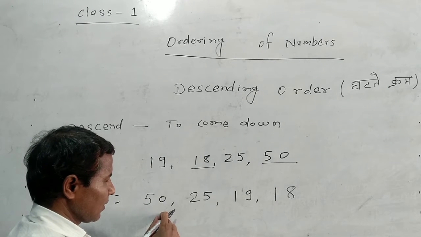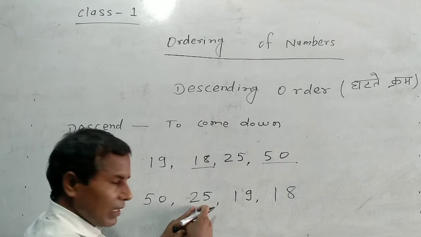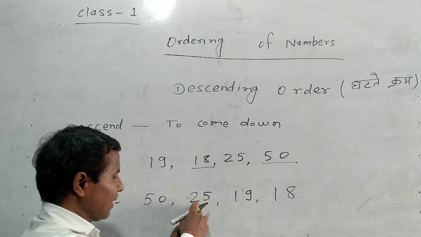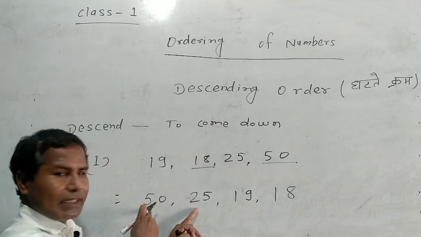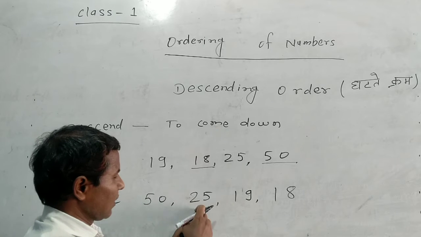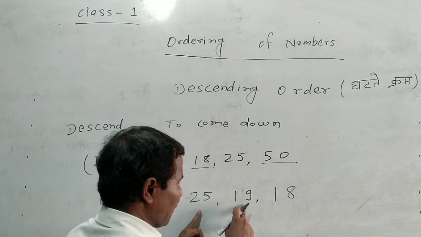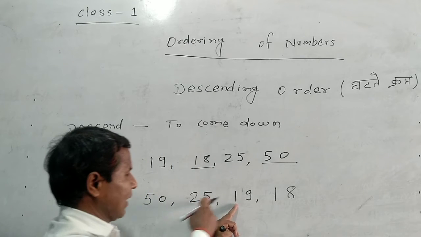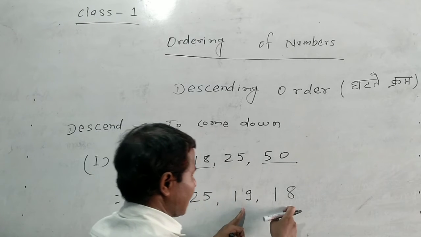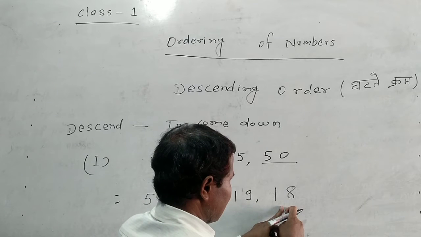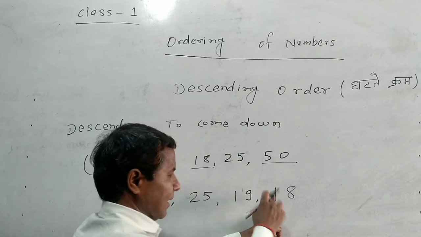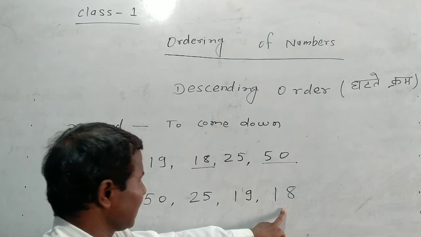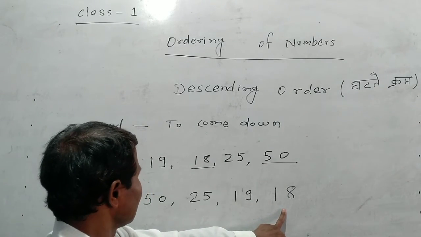After it we put 25 because 25 is smaller than 50. After it we put 19. 19 is smaller than 25. At last we put here 18, because 18 is the smallest number.